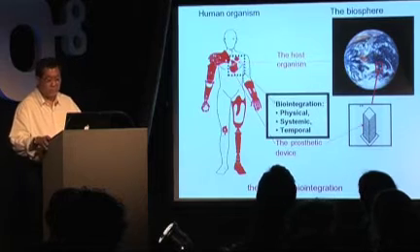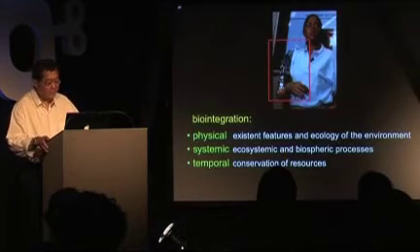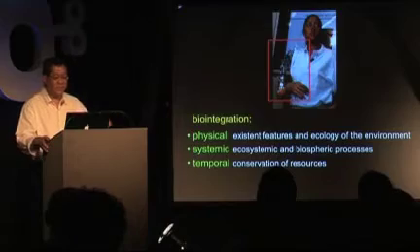And to me, these are the 3 levels: physical, systemic, and temporal. Physical means integrating, for me, with the existing features in the ecology of the environment, because every part of the earth is different. The ecology is different, and it has natural features, has physical features. The topography is different, the soils are different, hydrology is different, and we have to integrate in a seamless, benign way physically. And then each part of nature has processes within it.